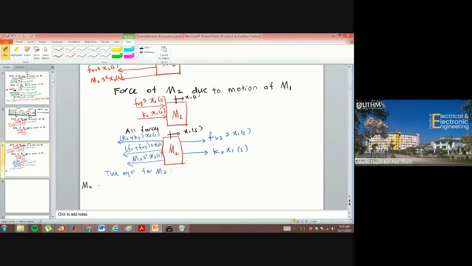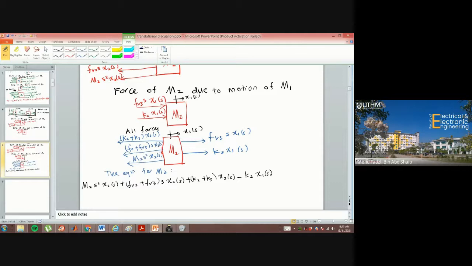M2 times S square X2S plus FV2 plus FV3 times S X2S plus K2 plus K3 X2S minus K2 X1S, different direction.